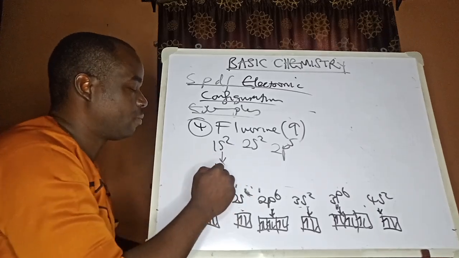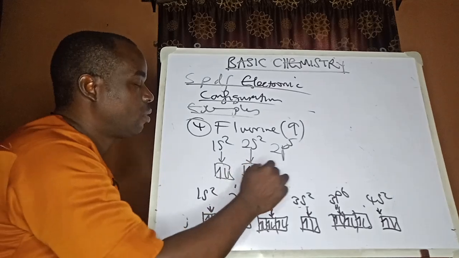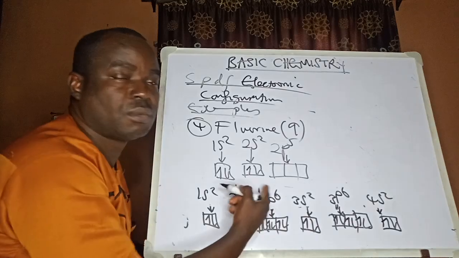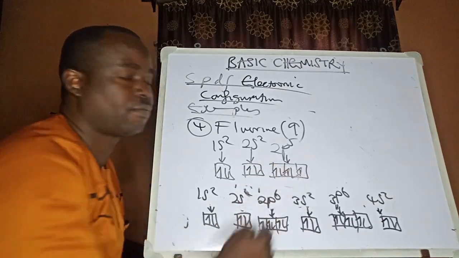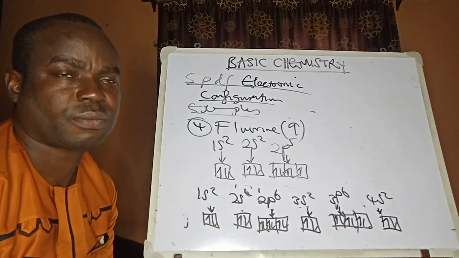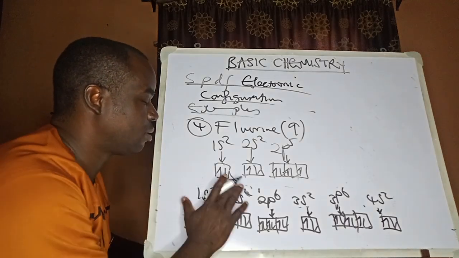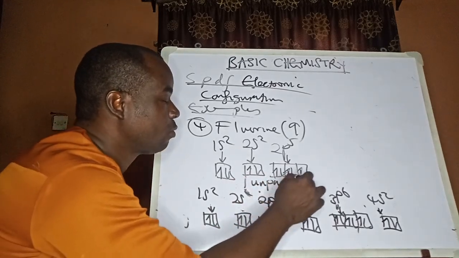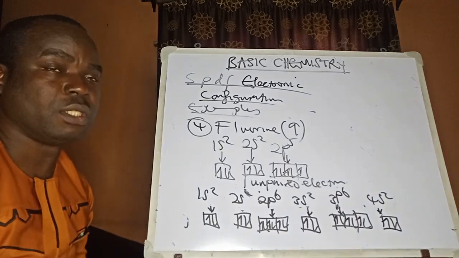Then here I'll have 1, 2, 3, 4. That's 1, 2. So this one has 3 boxes. So I have 1, 2, 3, 4, 5. How many electrons are alone? How many? 1. So it means that it has 1 unpaired electron. Is it clear? That's how you know it.